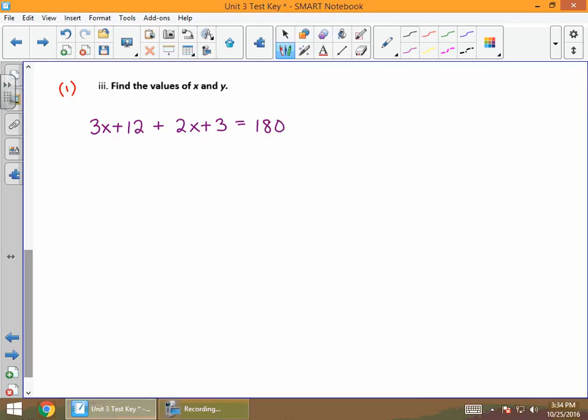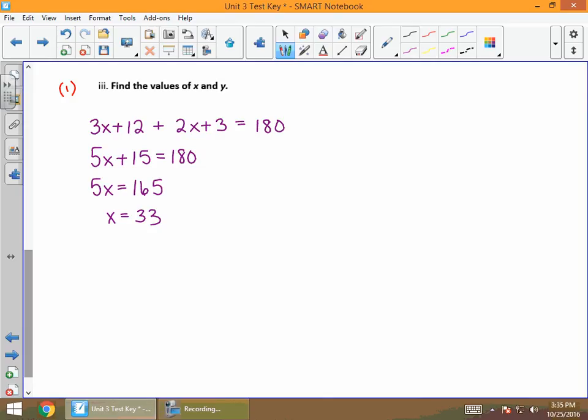So 3x and 2x is 5x, 12 and 3 is 15, that equals 180. Subtracting 15 on both sides, 5x is 165. I divide by 5, and x is 33.